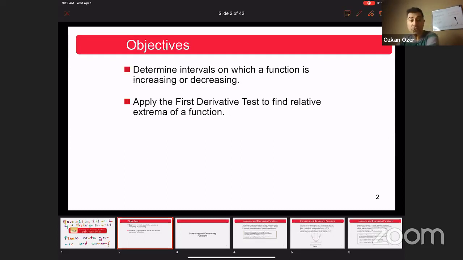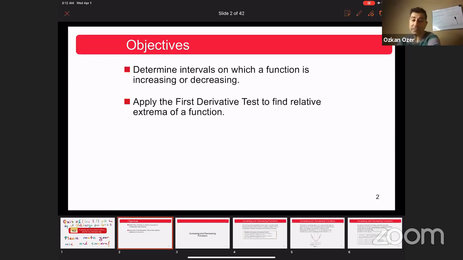So in short, today we're going to try to achieve how we can determine the intervals on which a function is increasing or decreasing without graphing, obviously. And how do we apply the first derivative test to find relative extrema of a function?